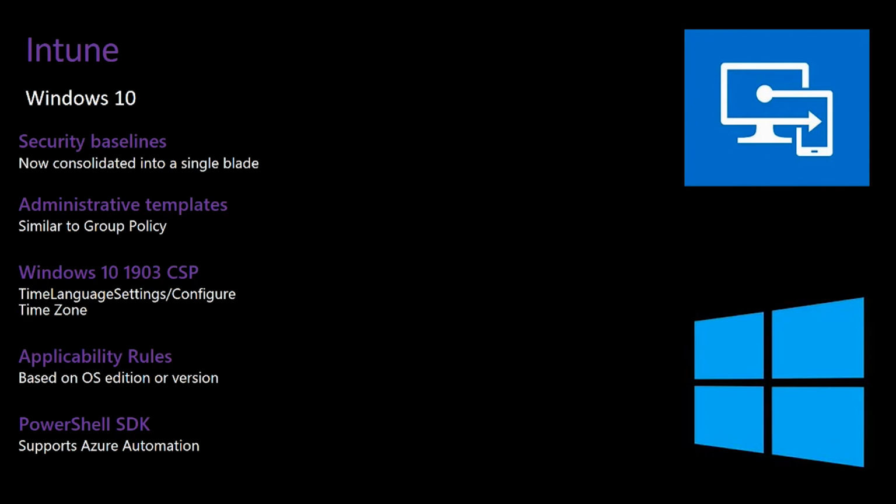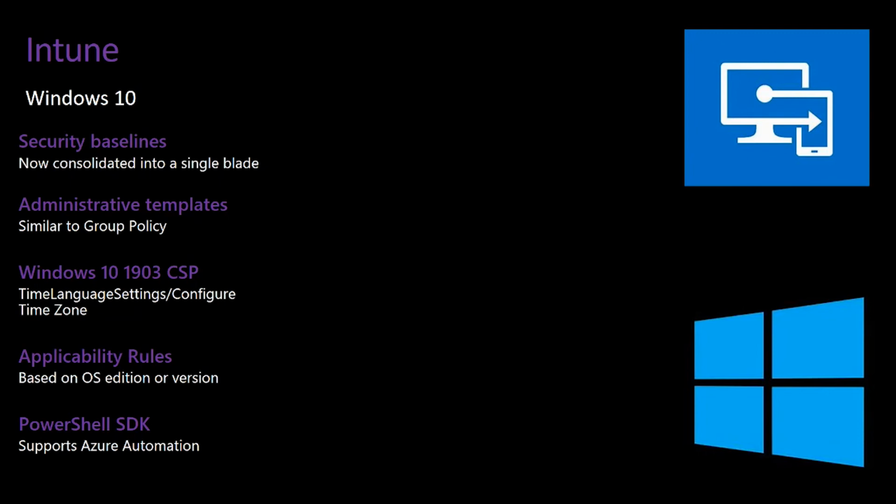Some configurations will be available within the Intune portal through profiles, such as device restrictions or security baselines, as we've mentioned. However, there may be occasion where there's a setting not available, and in this instance, you need to see if there's a CSP available.